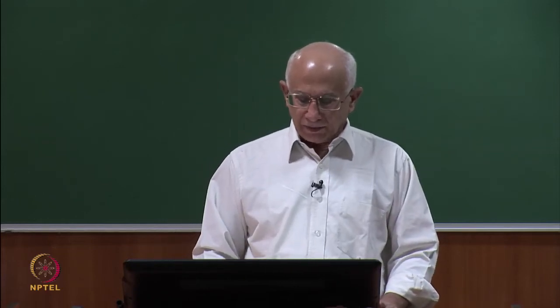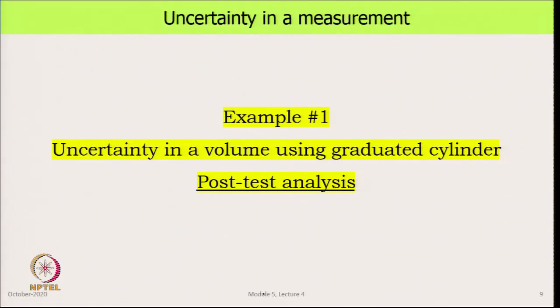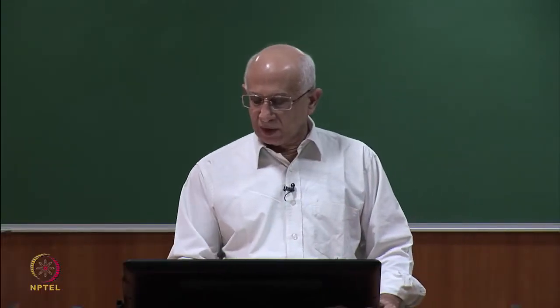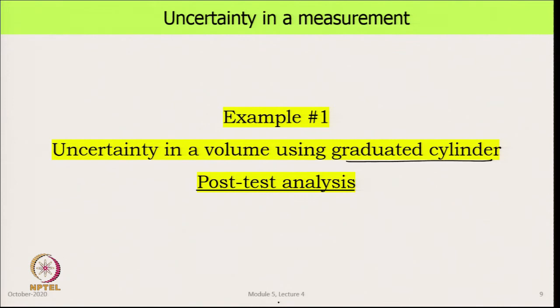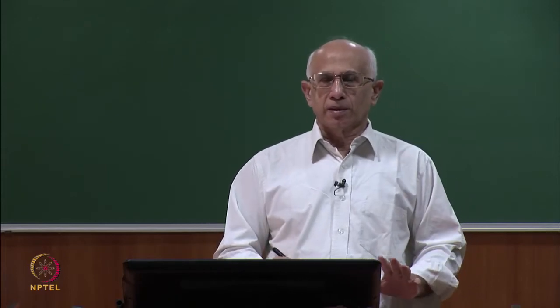The example here is something very simple that we have done in school and colleges many times, that we want to measure a volume of water using a graduated cylinder. That means, we are doing the experiment, the water has been poured and now we are making a measurement.